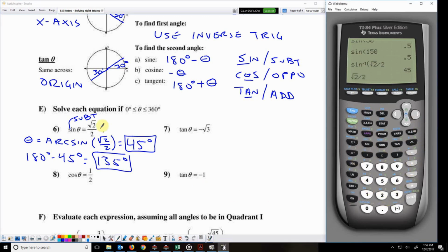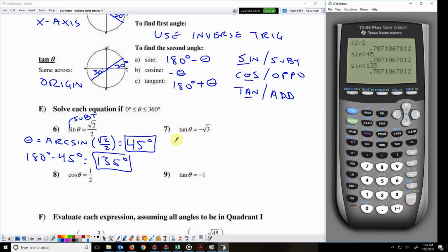Okay, so that comes from right here. Equals 0.7071. Now, sine of my first angle, 45, same decimal. Sine of my second angle, 135, also the same decimal. That tells me that my answers are correct.